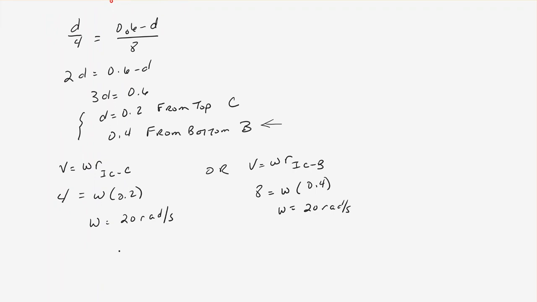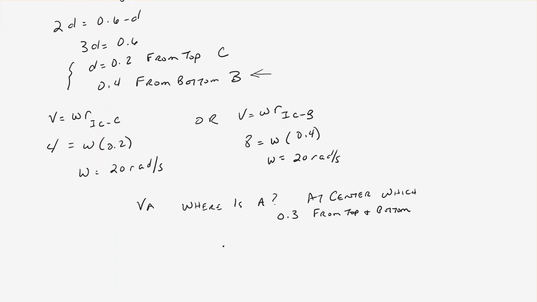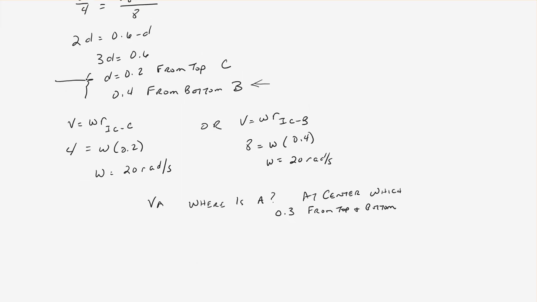Okay. Then it asks us about V sub A. Now, where is A? It's at the center, right? Which is 0.3 from the top and the bottom. Now if it's 0.3 from the top and the bottom, let's look right here.